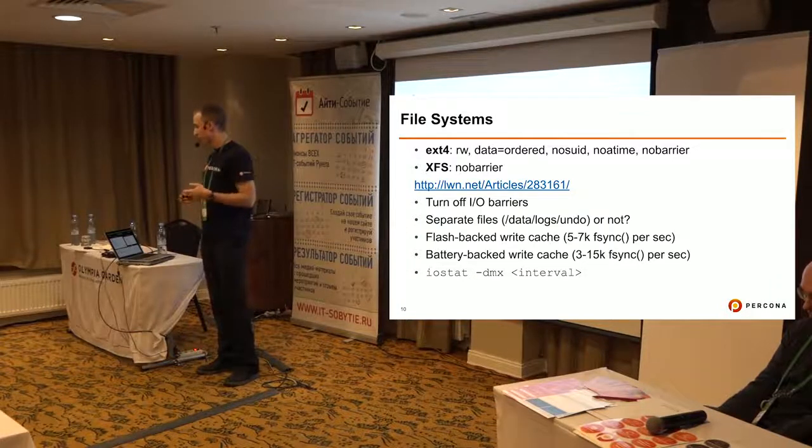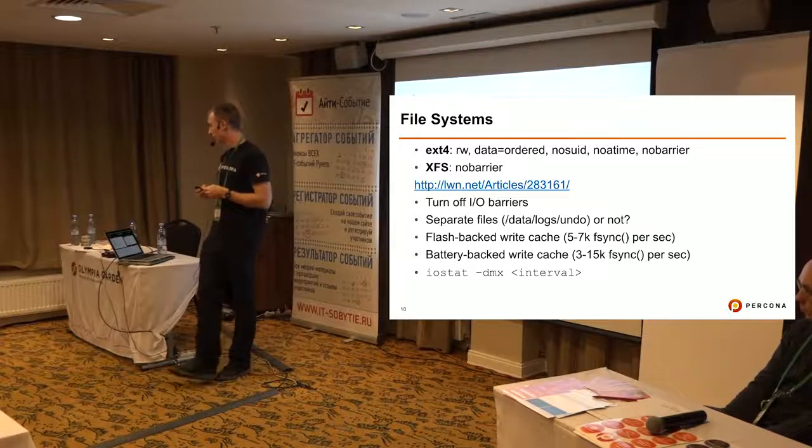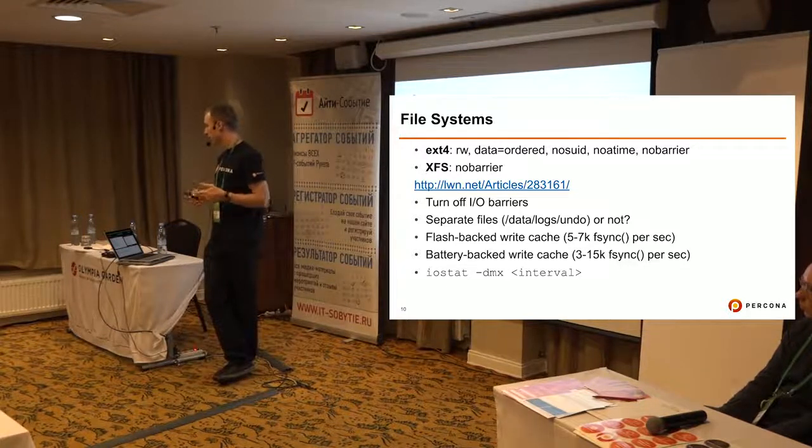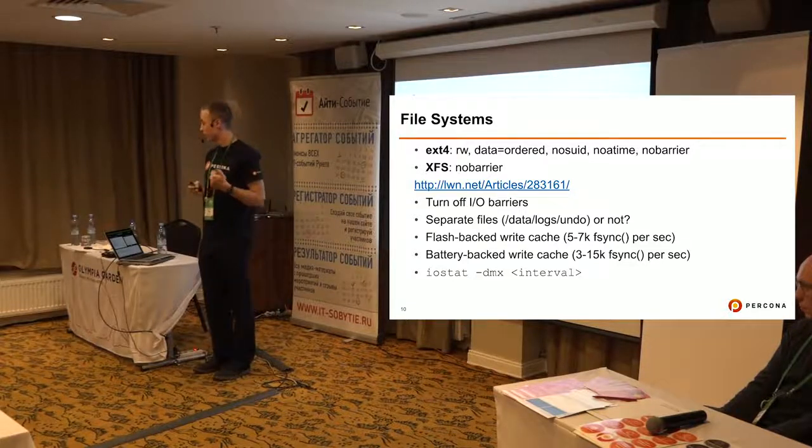What I/O barriers do is make sure that the journal is written to your file system, and this keeps your data safe. But at the same time, if you use them, then you can't use caches. So it is better to turn them off.